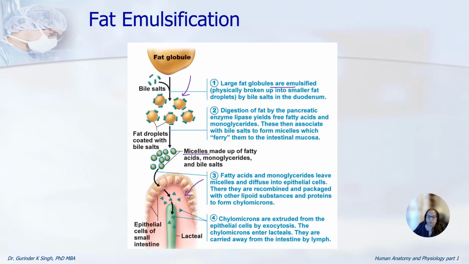Once they are taken into the epithelial cells, they can be recombined with other proteins, so that they form what we call chylomicrons. And then the chylomicrons are excluded out of the epithelial cells, and they are absorbed by the lymphatic vessels, the lacteals. And then it is carried away from the intestine by the lymph.